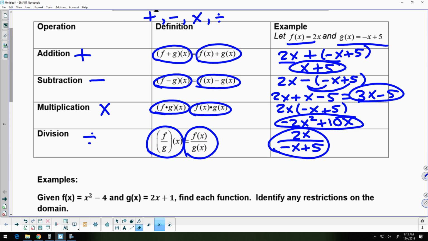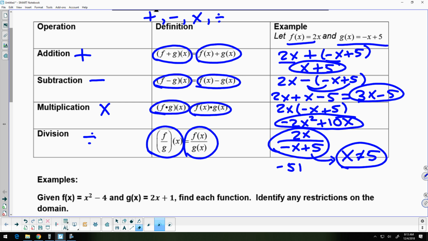But if you do have a denominator with a variable in it like we do here, negative x plus 5, you'd also want to note off on the side, what can x not be equal to? So basically, what makes this fraction undefined? What would give me 0 on the bottom? What would x have to be to make that 0? Well, in this case, x could not be 5 because if x were 5 on the bottom, you'd have negative 5 plus 5, right?